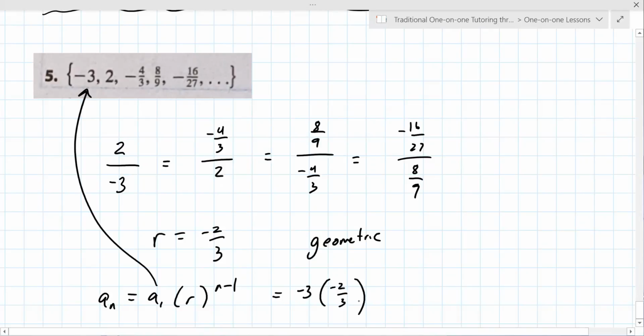And that's the formula for geometric. We haven't been introduced to those formulas. That's odd. Let me see. No, we haven't been introduced to those formulas.